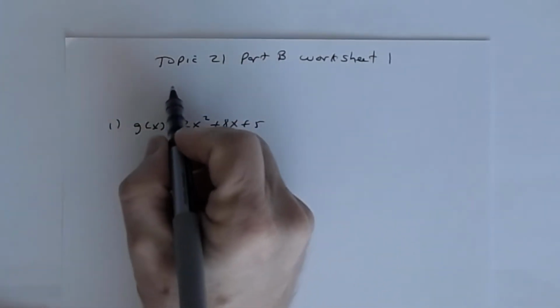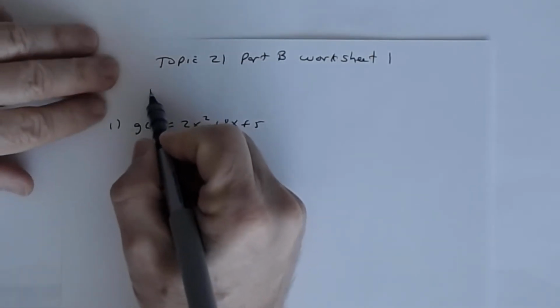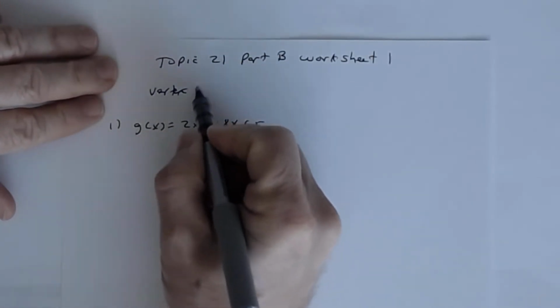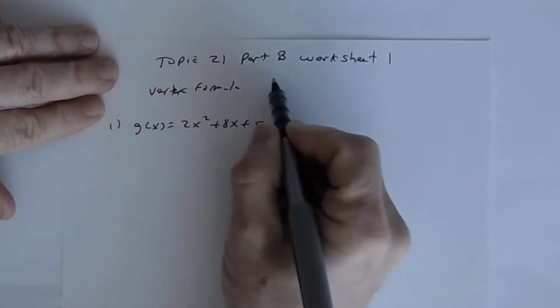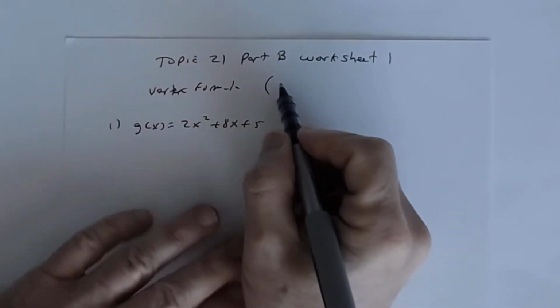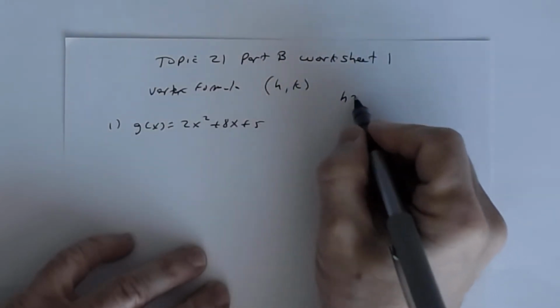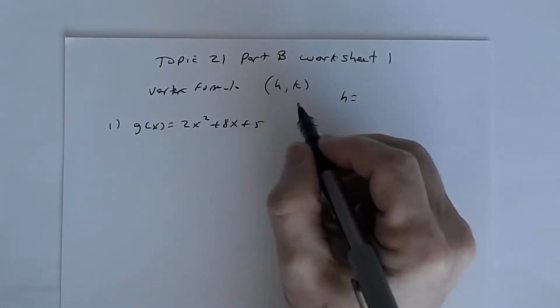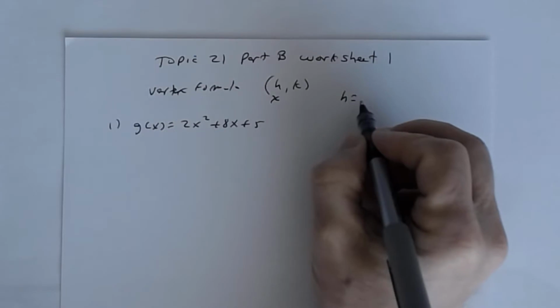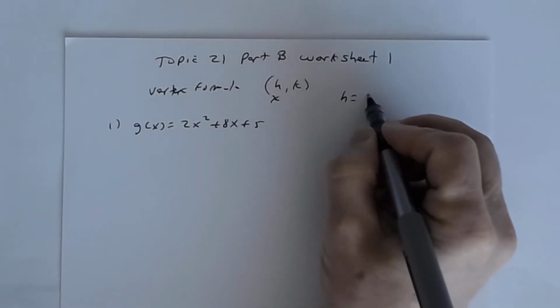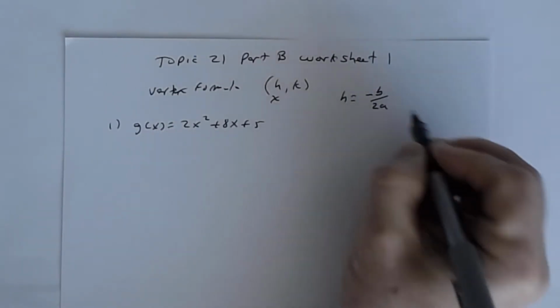All right, and so here's the vertex formula. Remember, the vertex is (h, k), and to find h, the x-coordinate of the vertex, it is going to be negative b divided by 2a.